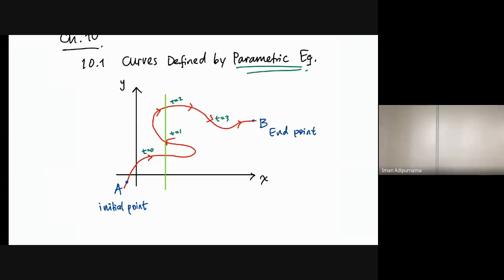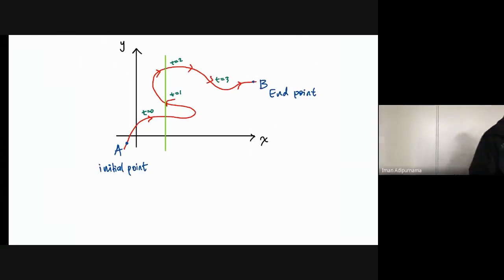So if you figure t as time, and x and y are changing positions, based on what we have learned maybe in physics, each object when they move based on time, its position is changing. So we have x and y as a function of t.